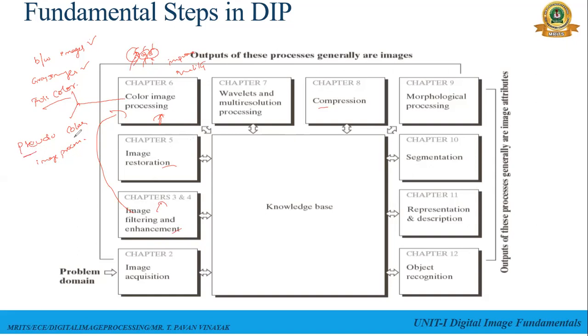Then what is pseudo color image processing? Pseudo color image processing means we first convert color images into either gray images or black and white images.